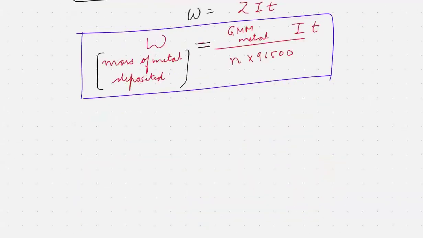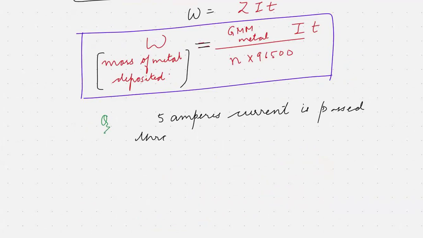So let's suppose the question says that 5 amperes current is passed through a solution of AlCl3 for 3 hours.